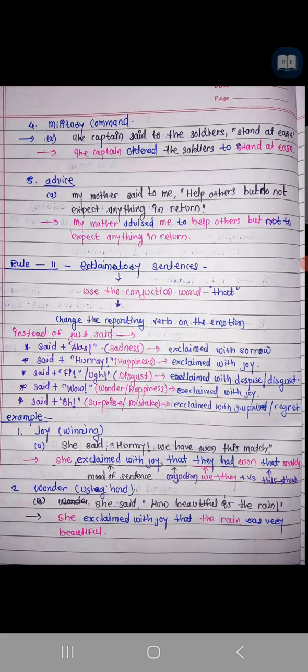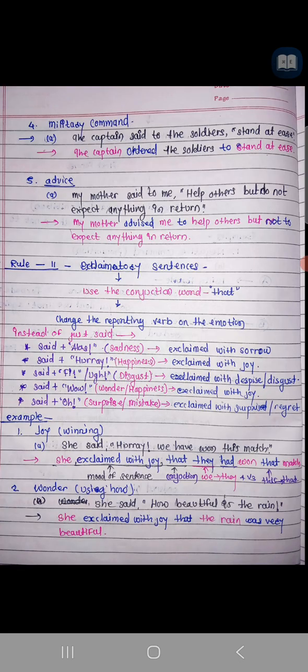Why explain exclamatory sentences deeply? Because often we make mistakes in exclamatory sentence structure. At that time we don't identify the word to which we connect. When you say "alas," you know it's a sadness feeling, a sorrow. When you say "wow," that means exclaimed with joy, you identify. Next, "hooray" is a wonderful thing, so exclaimed with joy.